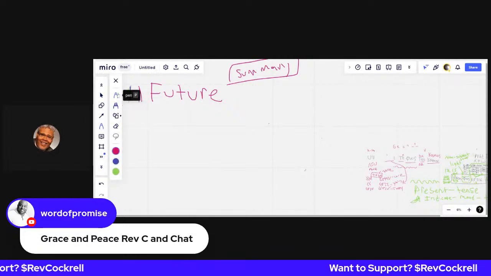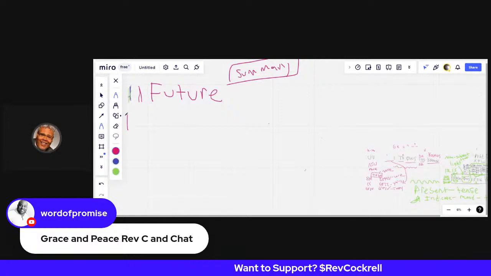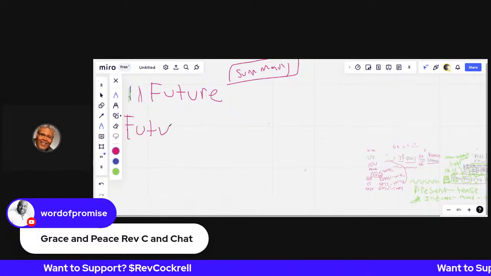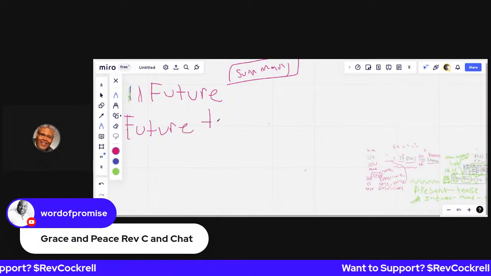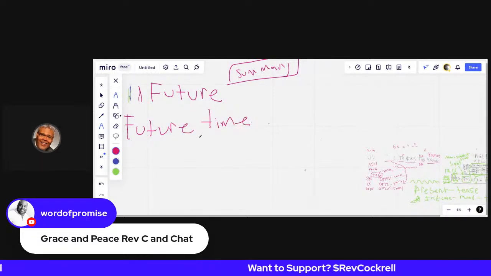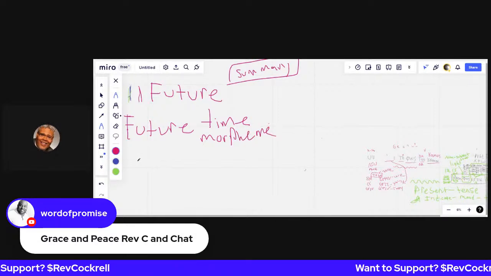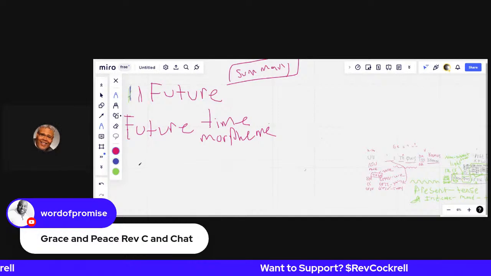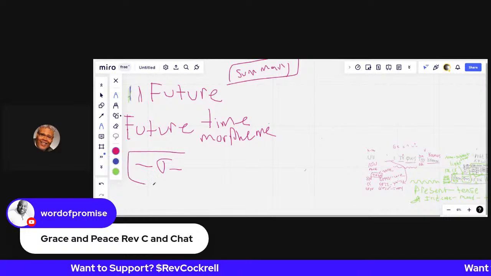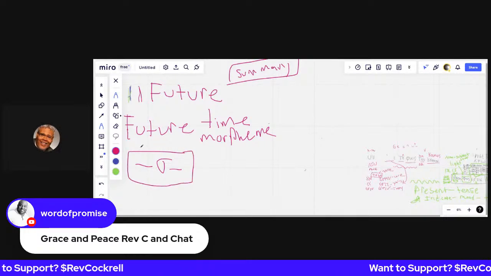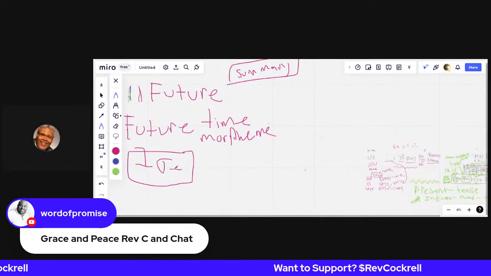So the future, or a clue, this is basically going to be your clue. Future time morpheme or clue is simply what you're doing: you're adding a sigma to the base or to the stem, and then your endings are going to plug in here.